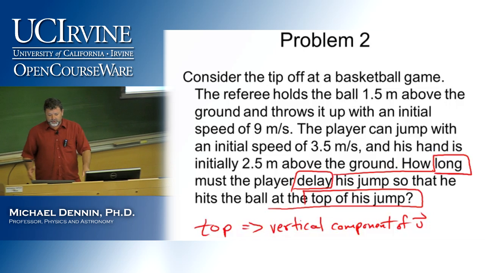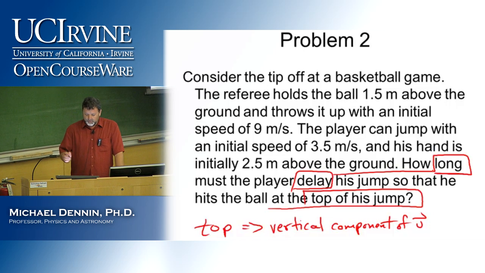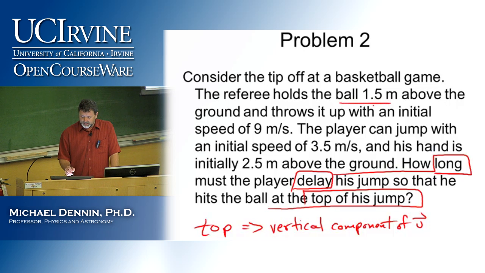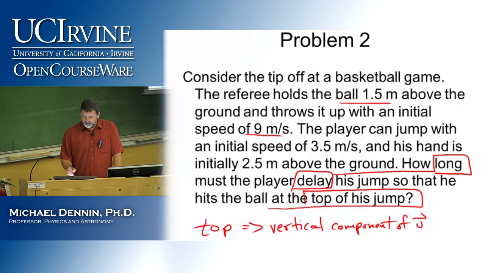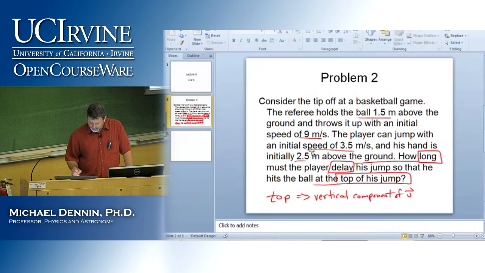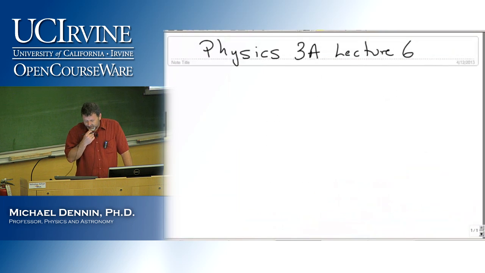Now, the other feature is we have all our given information that we have to sort through. Where the ball is, its initial speed, the player jumps with an initial speed, and where the player is. And a question I got asked the other day after class is relevant to this.